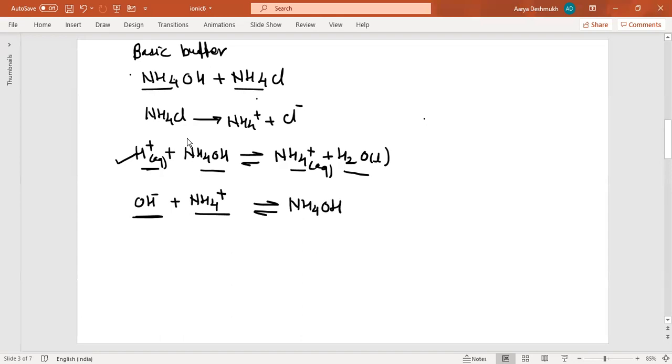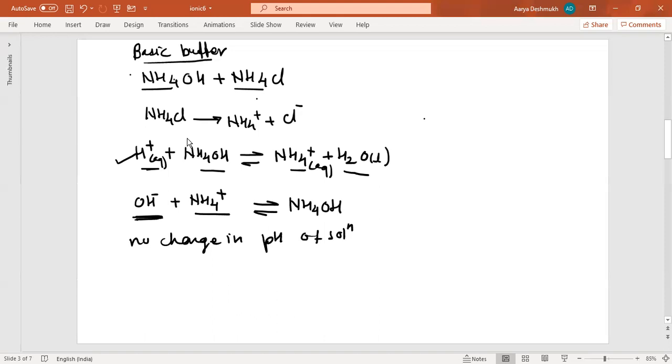As a result, the concentration of this OH minus ion does not change. And since there is no change in the concentration of OH minus ion, there will be no change in the pH of the solution. We are talking about the basic buffer, remember. So this removal of added OH minus ion is called the reserve acidity.